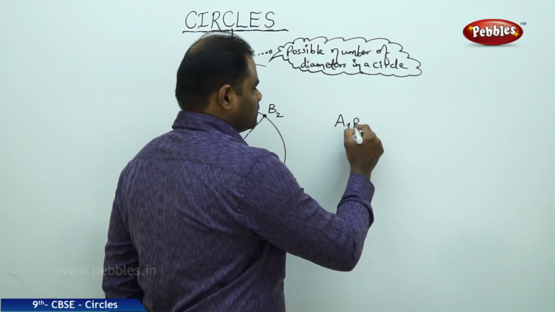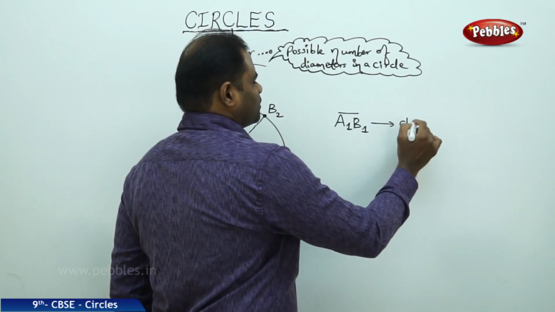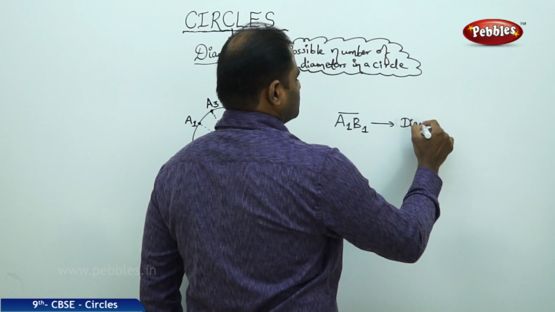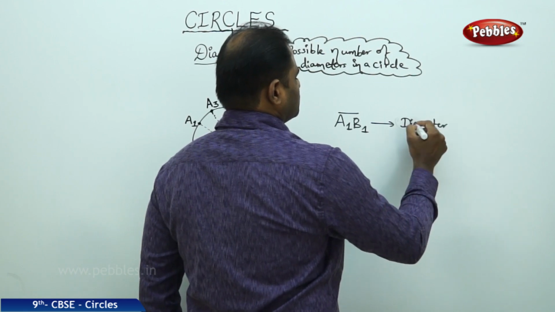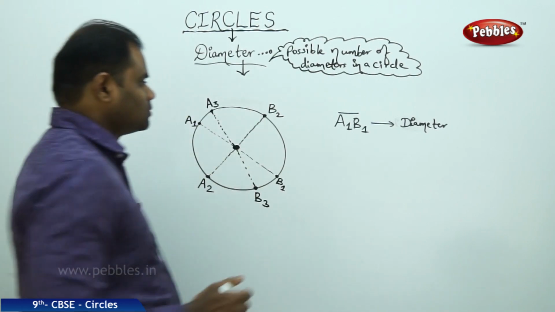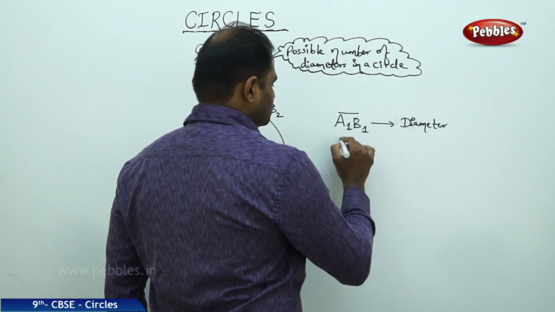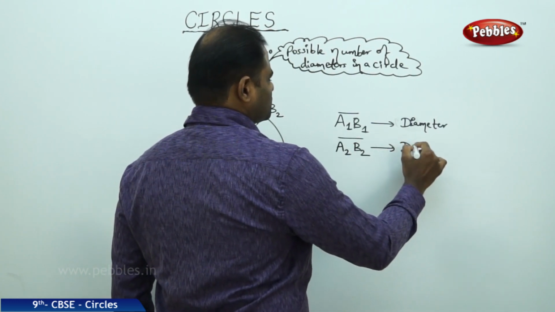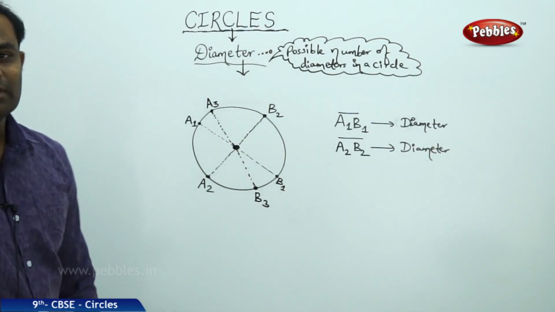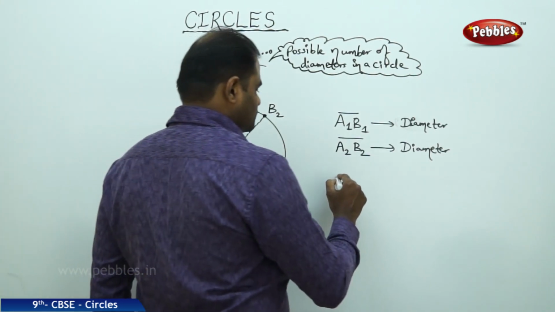Therefore, initially I take A1 B1, which is a chord, a special chord, and hence is the diameter. Similarly, I take another line A2 B2 out here, which is a diameter. And similarly, I have the third one, which is A3 B3.